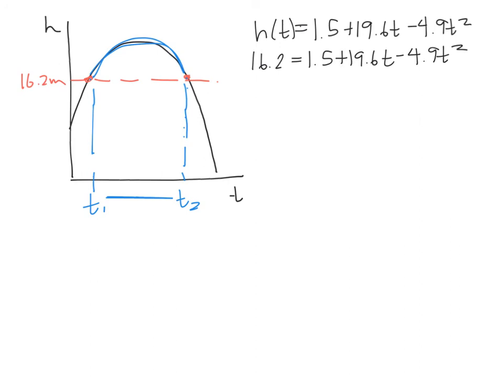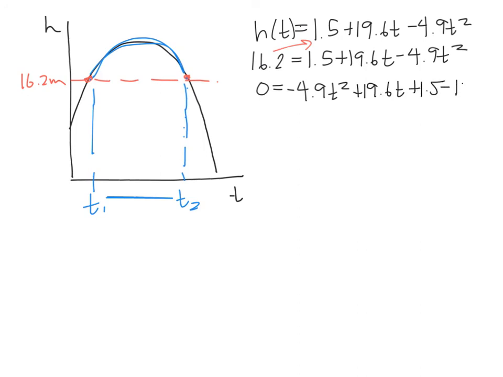So we know in all the methods that we use, we always want to make sure one side is equal to 0. So I'm going to bring that 16.2 over to the other side. I'm also going to rearrange it so I have it in standard form so that my quadratic term is first. So I'm going to put negative 4.9 t squared. Then I have plus 19.6 t plus 1.5.